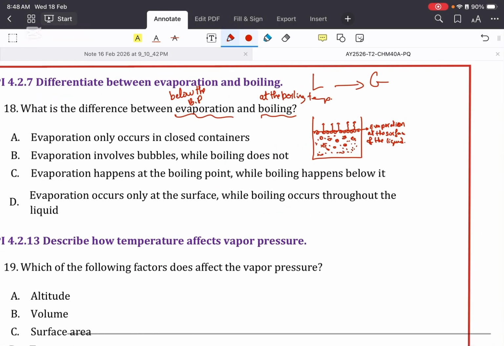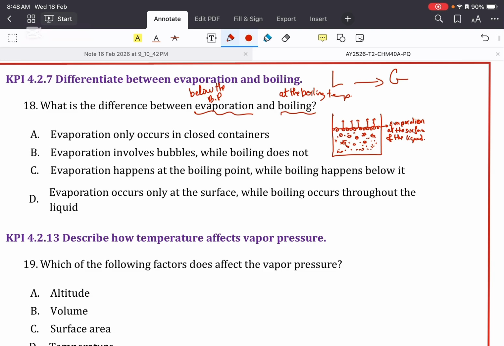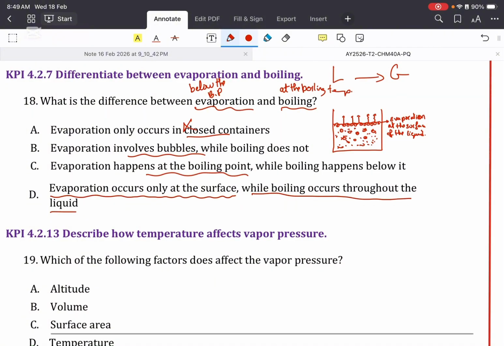That's the main difference between them. Evaporation occurs only at the surface, while boiling occurs throughout the liquid. Evaporation doesn't happen in a closed container. It doesn't involve bubbles. And it definitely is not at the boiling point temperature.